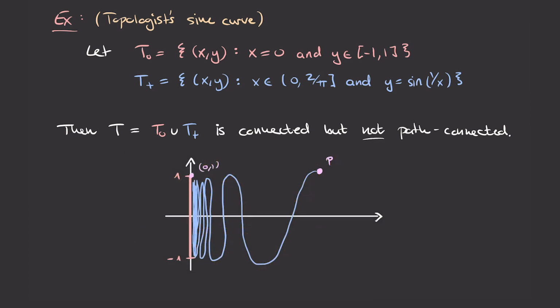All right, so let's summarize what we saw today. We started off by defining the property of path-connectedness, which is very intuitive. The space is path-connected if for any two points in the space you have a path going between them. We then saw that many of the properties of connected spaces also hold for path-connected spaces, and in fact, path-connectedness implies connectedness and is often easier to work with.